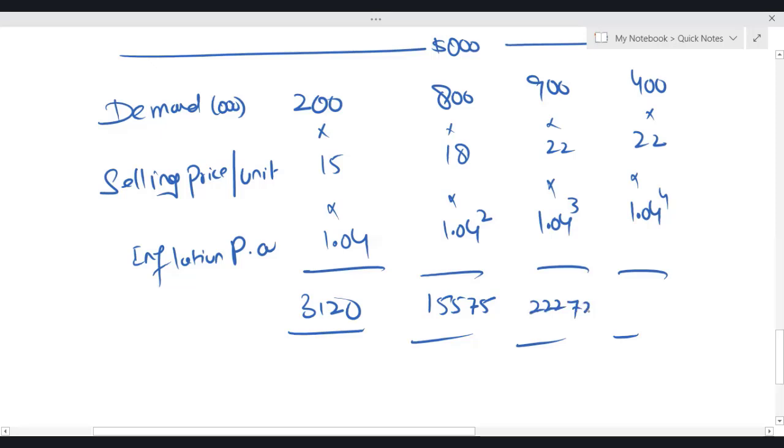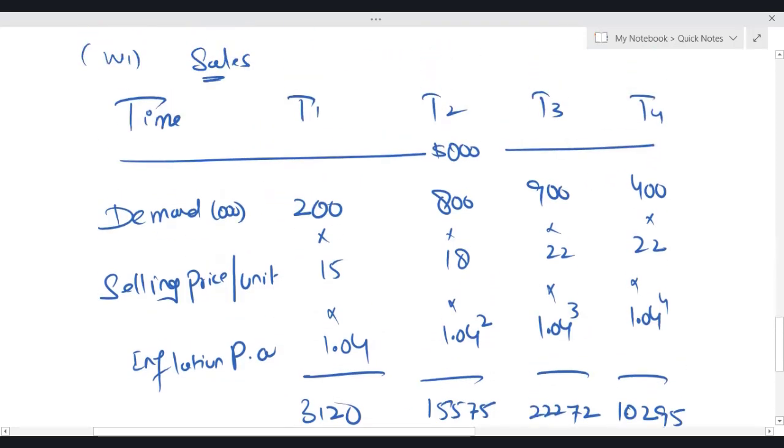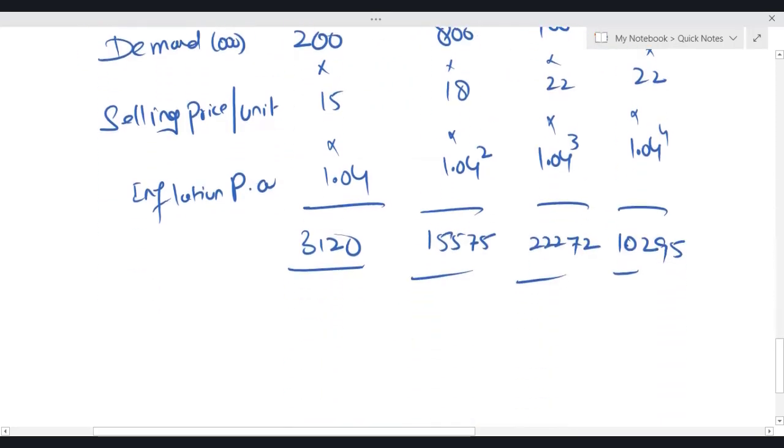Students, please check. Okay, 400 into 22 into 1.04 and the power 4. 10,295 with a little bit of rounding. Okay, let's go for working 2.